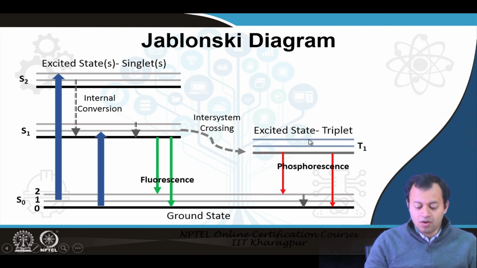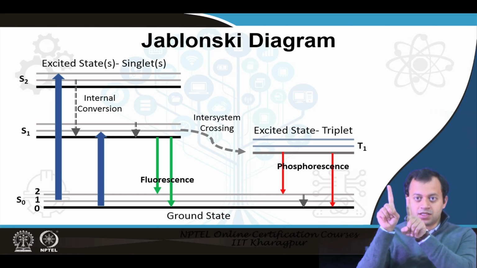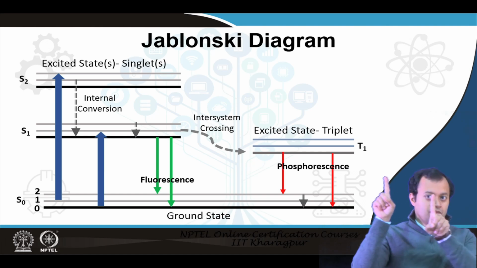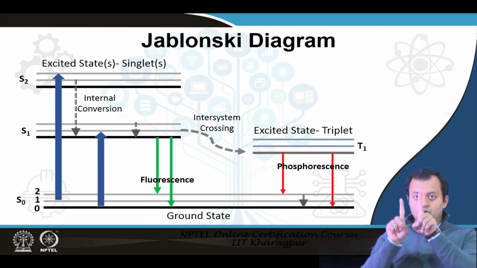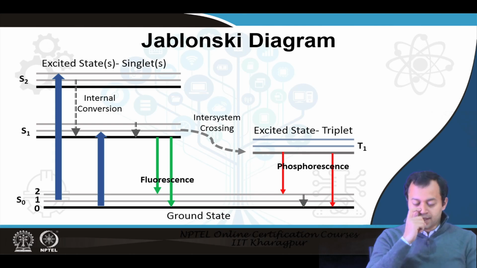So now at the excited triplet state, the spin is this, at the ground state, the spin is this. When the excited state molecule returns to the original state, it is violating the spin rule. And this is not accepted.